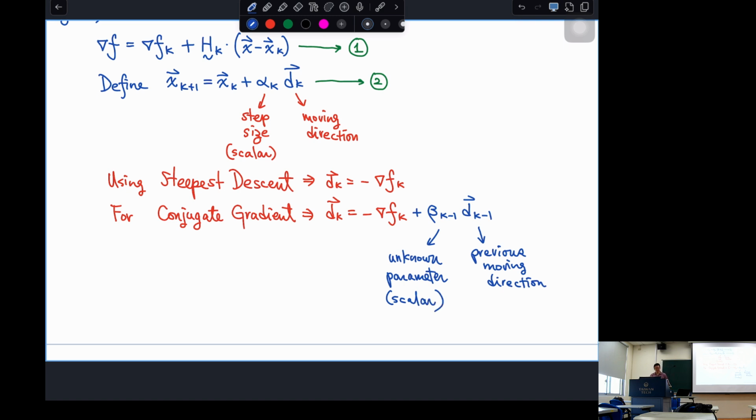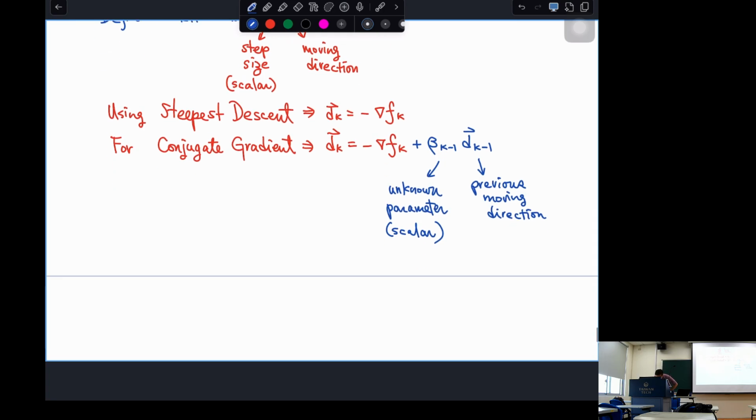So it's like, can we use what we have, how we moved in the previous step, in my current step? So it's like a memory, a short-term memory. It's not a long-term memory. It's an idea of short-term memory.